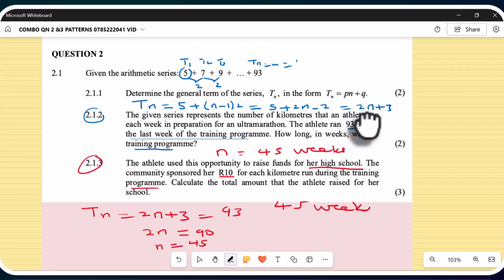So this is 2 power 4 divided by 2 power 3, which gives us 2. So the common ratio is 2 here.